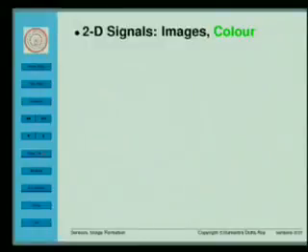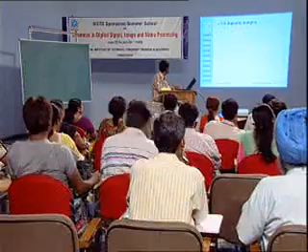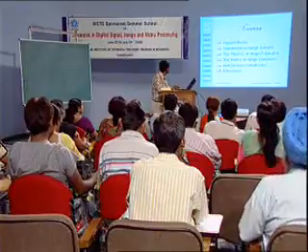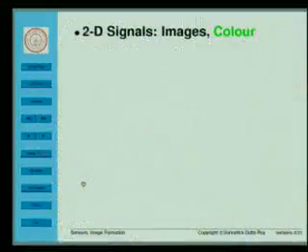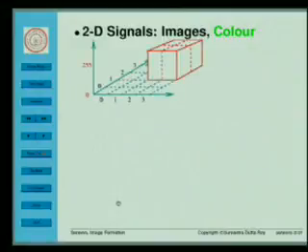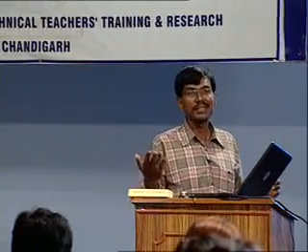What do we mean by images, and how do we relate to that? Now, the basic idea here is the following. Just as you have a signal, sampling is something that everybody would be familiar with. Essentially there is an independent variable and there is a dependent variable.